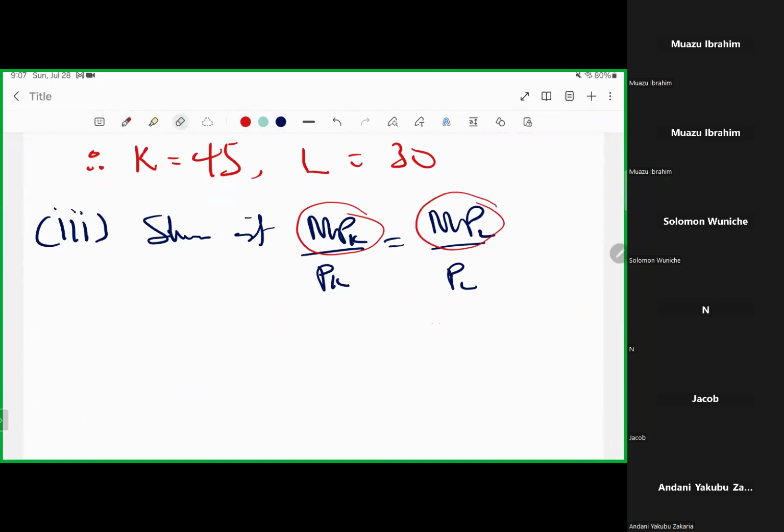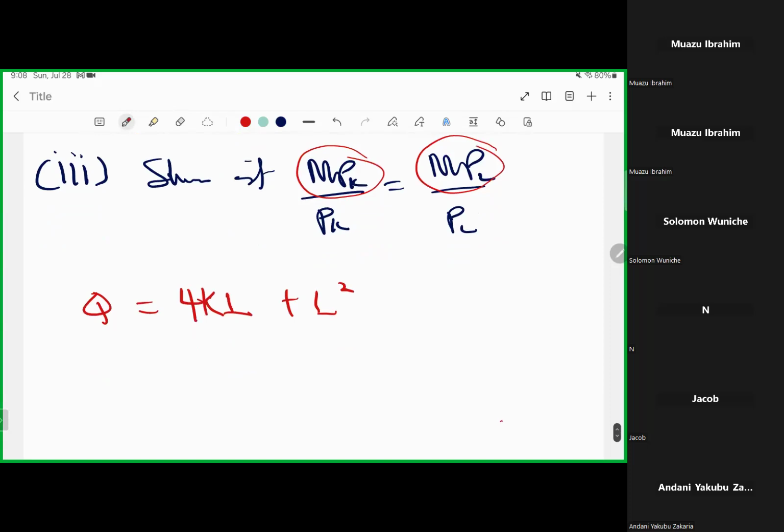Now, remember our production function, we had it as Q is equal to 4KL plus L squared. So in this case, our marginal product of capital is the same thing as delta Q over delta K. And delta Q over delta K will be 4L.